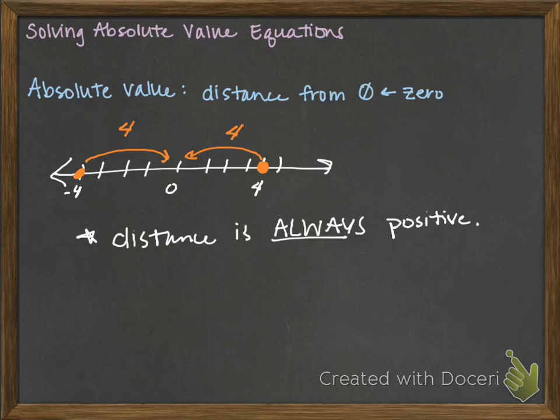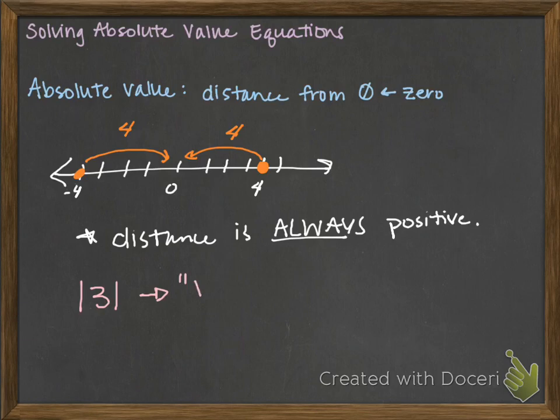So that means if we take the absolute value of a number, let's say I ask you, what is the absolute value of +3? I am really asking you, what is the distance from 0 to 3? So we'll go ahead and write that down.